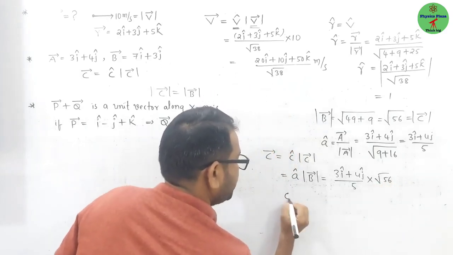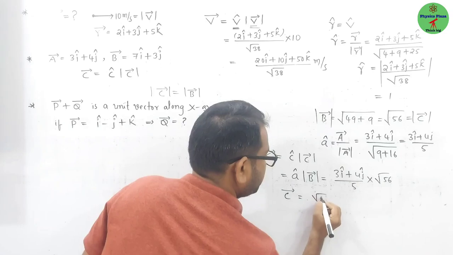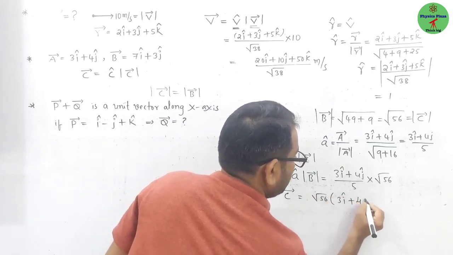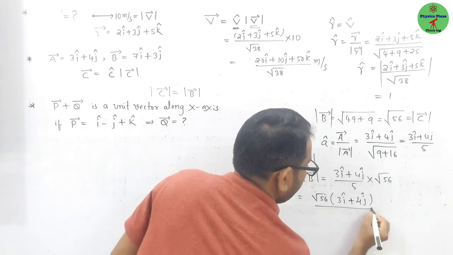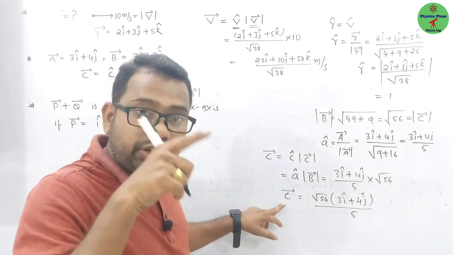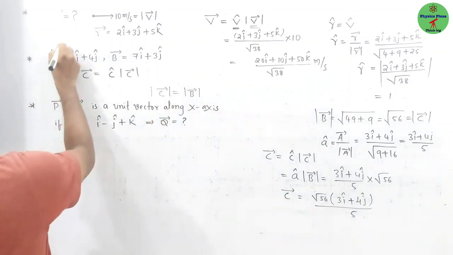So simply we can write the vector C is equal to root 56 into 3i cap plus 4j cap by 5. So now this is a vector C whose magnitude is equal to the magnitude of B and which is parallel to the vector A.